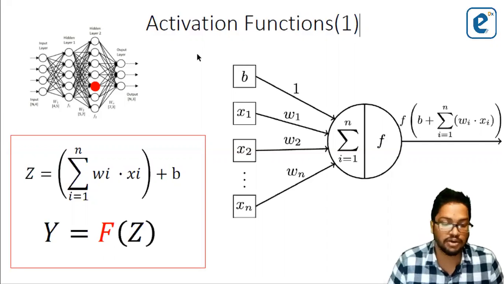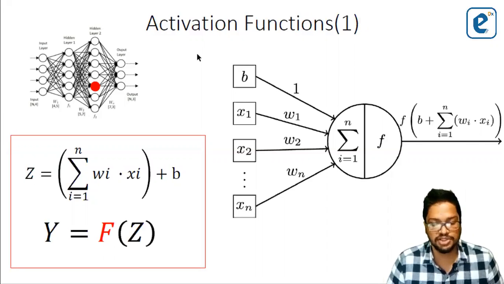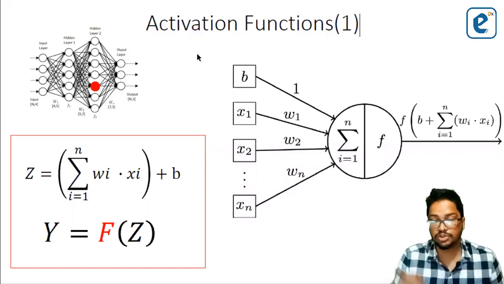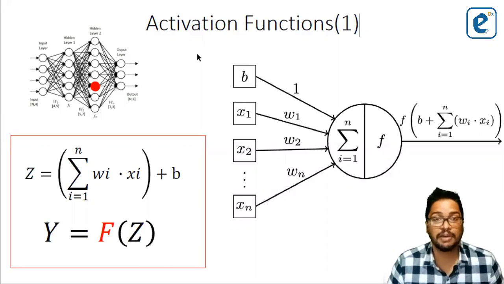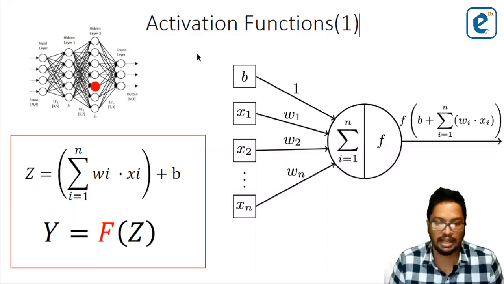Then we calculate Z, so Z is basically sigma Wx plus B. That Z is applied through an activation function called F, the output of the neuron is calculated, and that output is passed to the next layer by multiplying it with the corresponding weights.